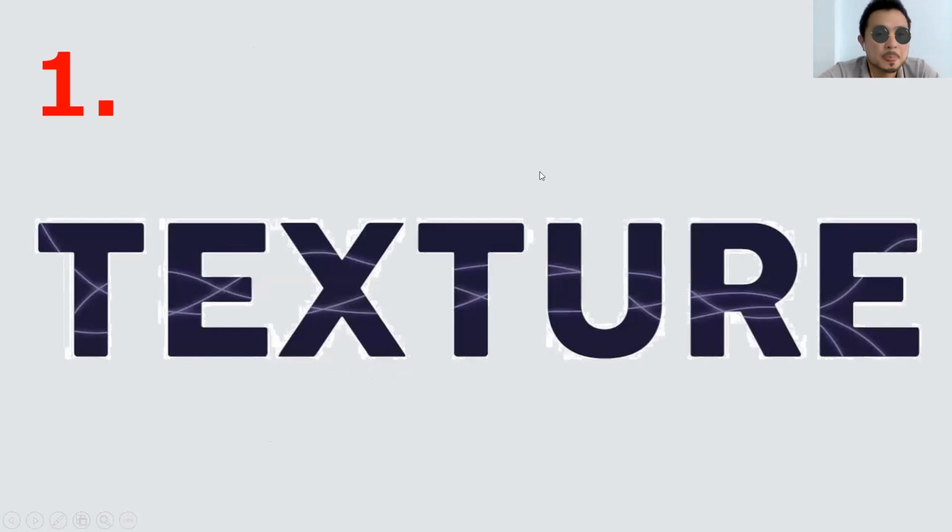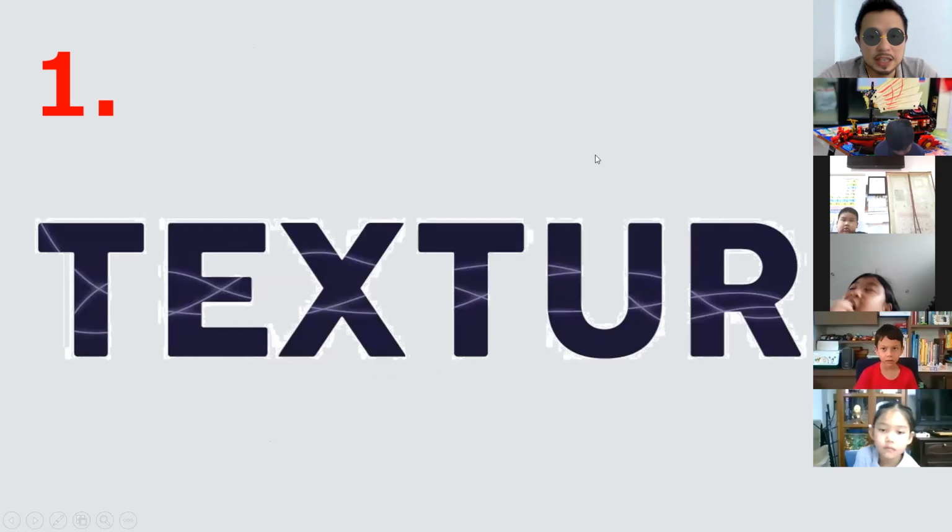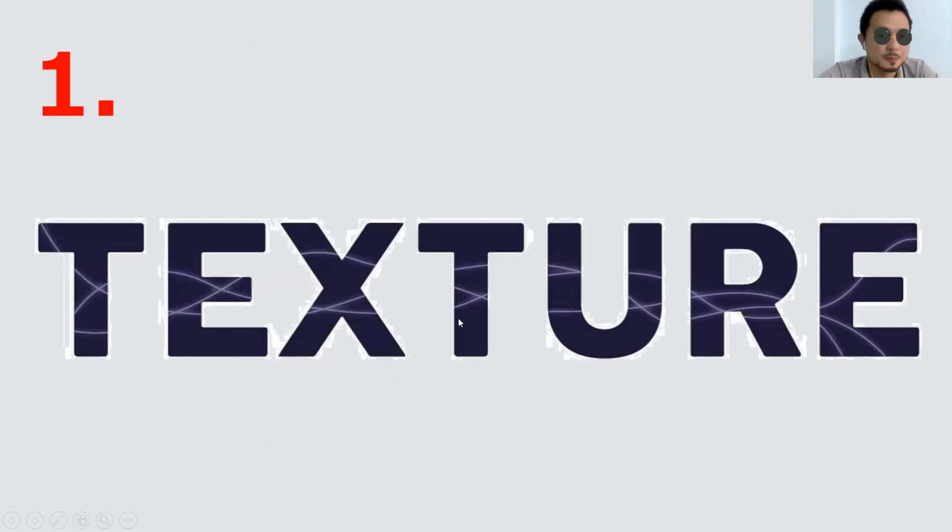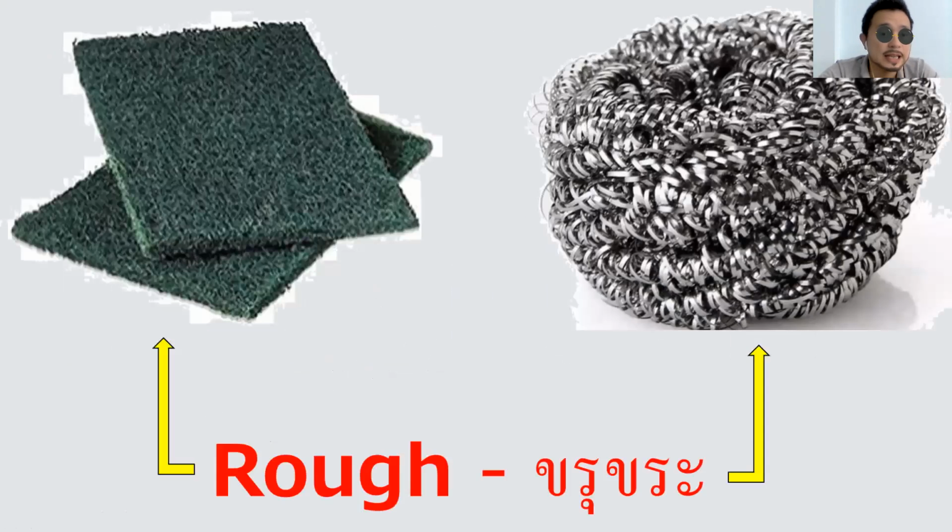Number one here. We will be talking about the texture of each object. Now, if we talk about texture, of course, we are going to look at the roughness and the smoothness of an object. The first one here is rough. We can discover if the object is rough or smooth by touching it.